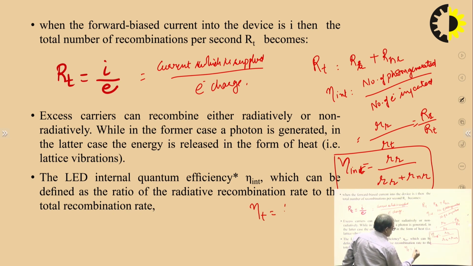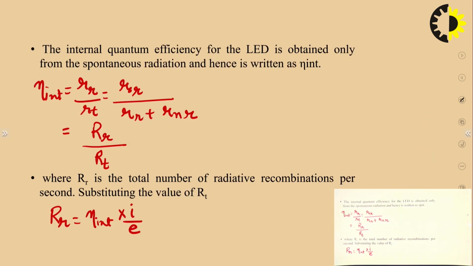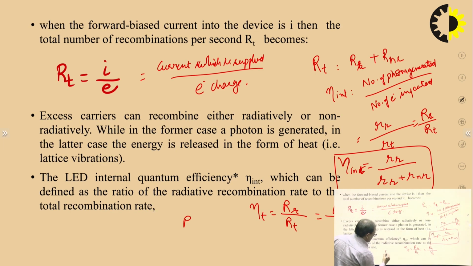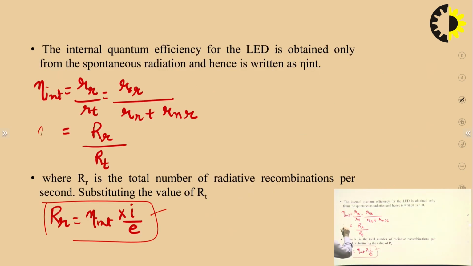As we know, this is equal to RR upon RT, and RR upon RT is equal to I upon E. So the RR is equal to, from this equation, the internal quantum efficiency, sorry, the internal quantum efficiency multiplied by I by E. This I already told you.